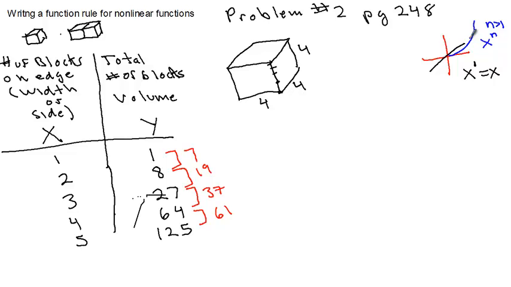So I guess what they want us to do is go ahead and figure out real quick what a good equation is. So let's look at the second one here, and let's try and figure something out. If we have an x value that equals 2 and a y value that is 8, how do we go from 2 to 8? Well, we can say 2 times 4 is 8.